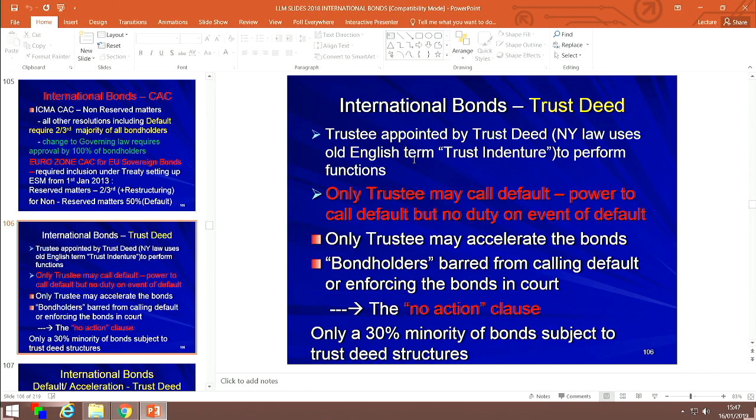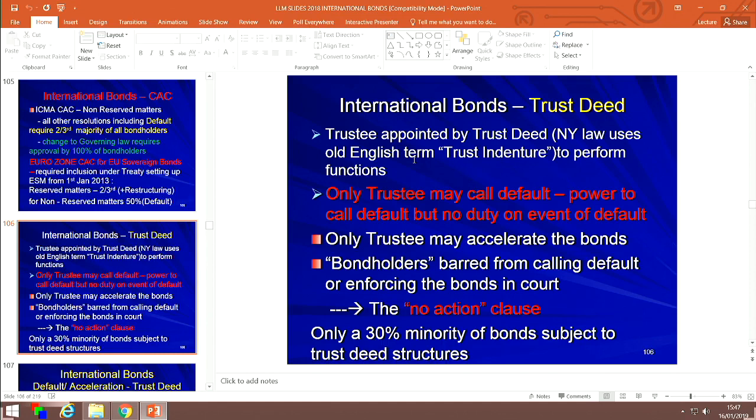Thirdly, only the trustee can initiate legal proceedings to enforce a bond if the issuer, having defaulted and the trustee having used its powers to accelerate the bond, fails to pay. At that point, only the trustee can exercise these powers to take court proceedings and enforce the bond instrument.